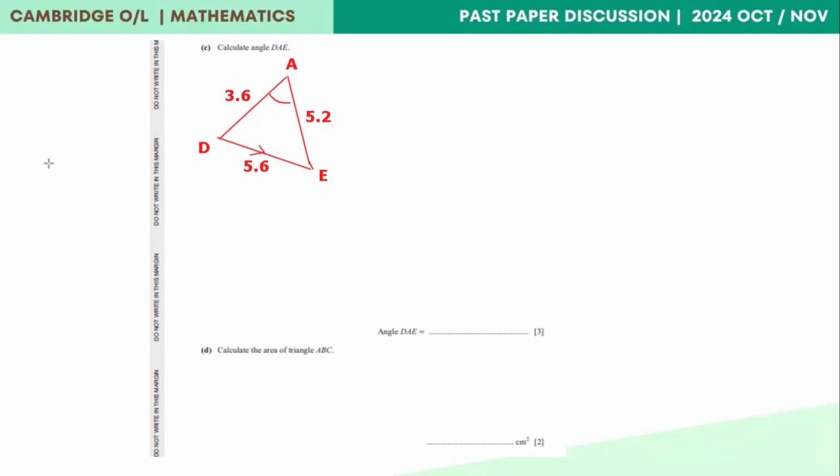Now we can use the cosine rule because we have three known lengths and one unknown angle.